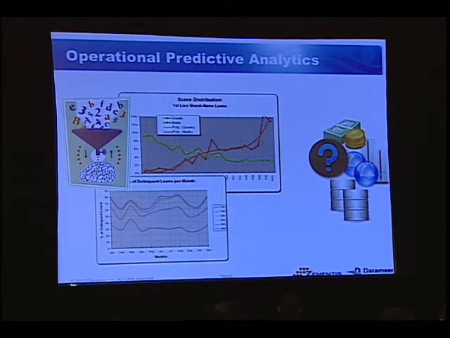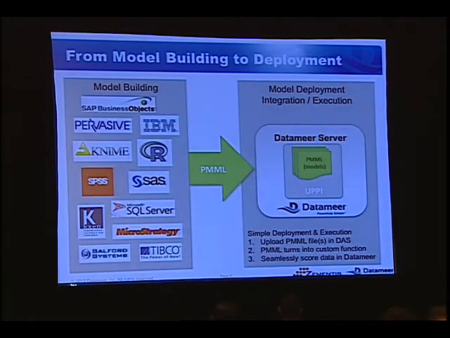Really, with the standard that we'll cover today, it's a click of a button. It's an export function, basically, as part of your tool that can allow you to move those predictive assets anywhere they need to live and anywhere they need to tick within your operational infrastructure and actually make money for your company. So it's really the transition from model building to model deployment.